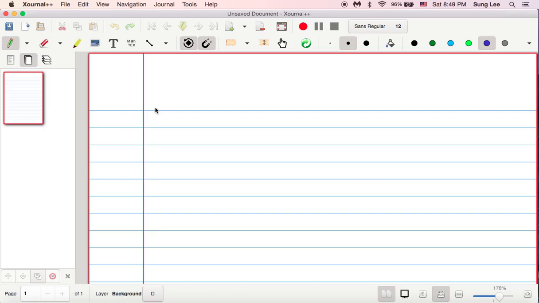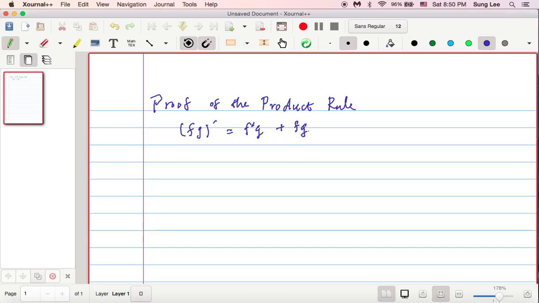Okay, so here's the proof of the product rule. Again, the product rule is what? (f times g) prime is f prime times g plus f g prime.